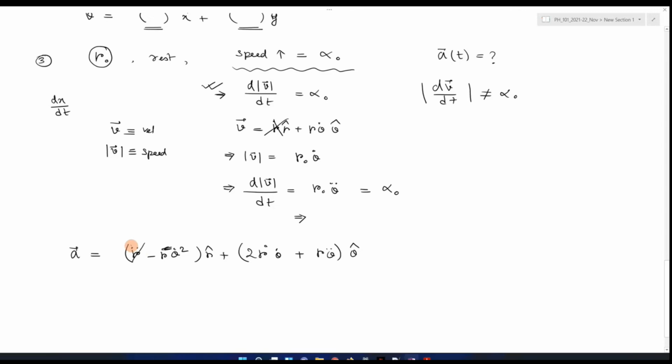This term is 0 and this term is 0, so we are remaining with only these two. For that, we have to find theta dot as well. Theta double dot is equal to alpha naught by r naught. So theta dot will be equal to alpha naught t by r naught plus c.